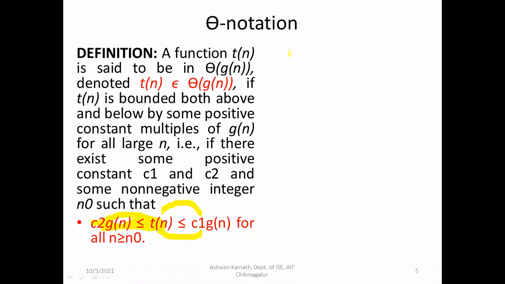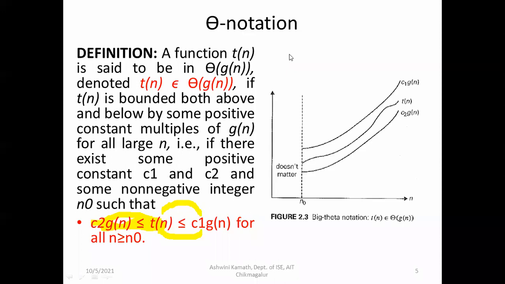So T of n must be greater than or equal to C2 into G of n, and it must be less than or equal to C1 into G of n for all values of n greater than or equal to n naught.